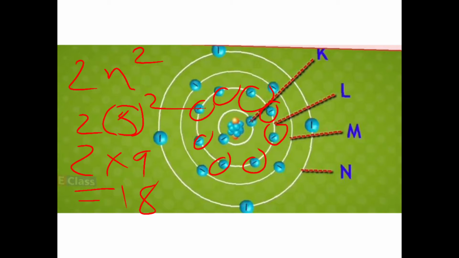So like that the electrons move. So the maximum electrons that can fit in the third shell is 18.